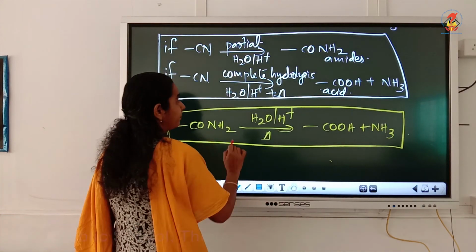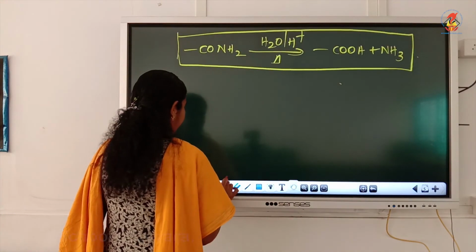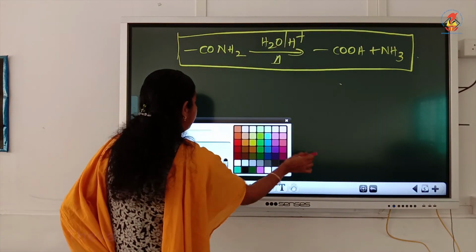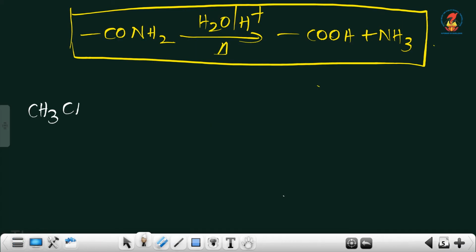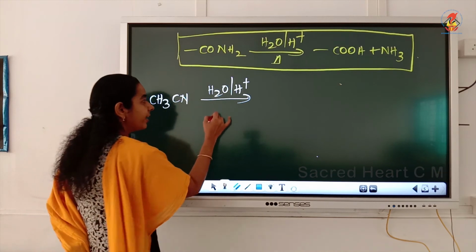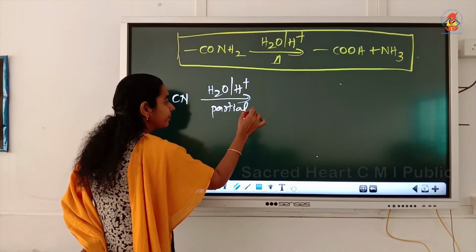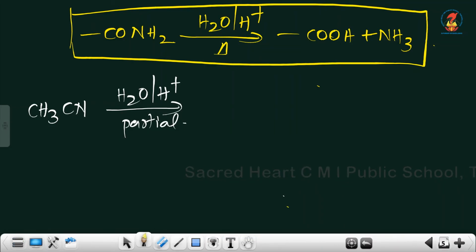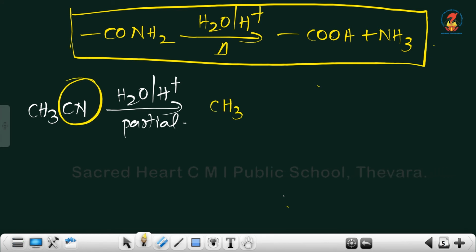For example, CH3CN: above the arrow, if it is written as H2O/H+ only, it represents only partial hydrolysis of cyanides. So the product will replace CN by CONH2. We will be getting only amide.